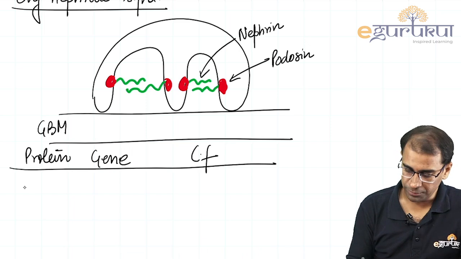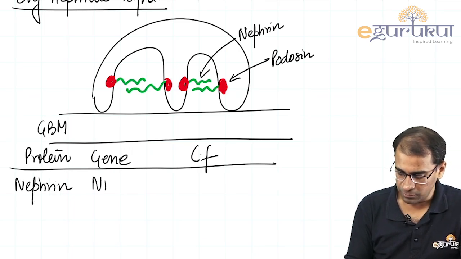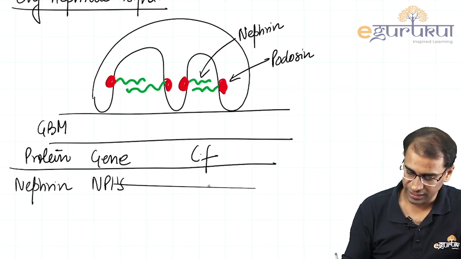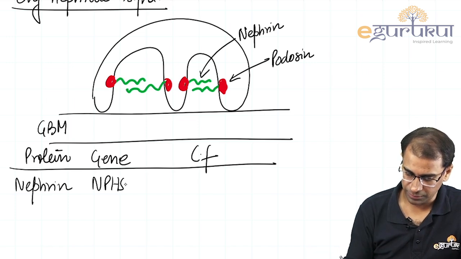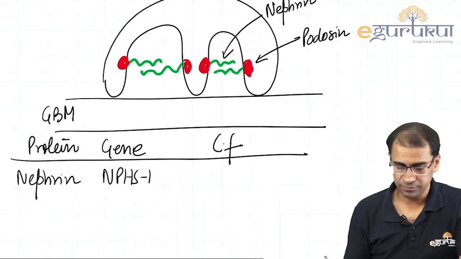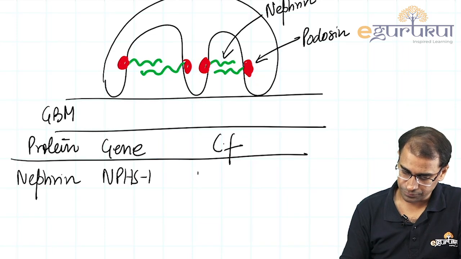The first protein is nephrin, gene name NPHS1. Clinically, it shows minimal change disease.